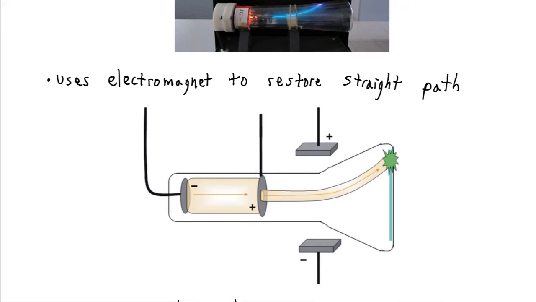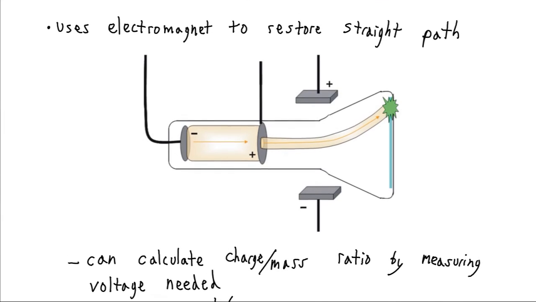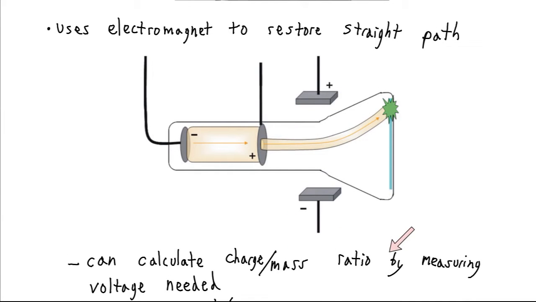And because he knows how much voltage he applied on those plates, then he can calculate the charge to mass ratio of whatever it is that's being deflected here. The mass gives it inertia, which resists the deflection. The charge makes it sensitive to the charge on the plates and the magnet.